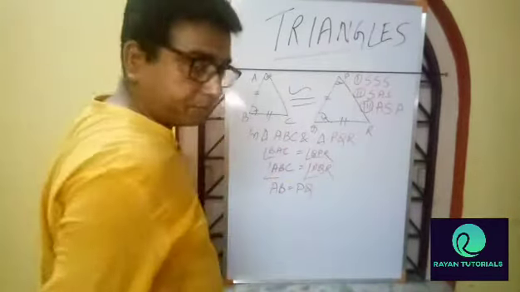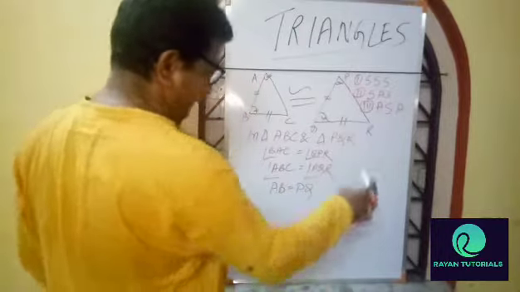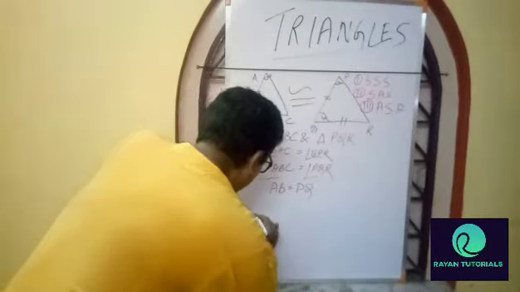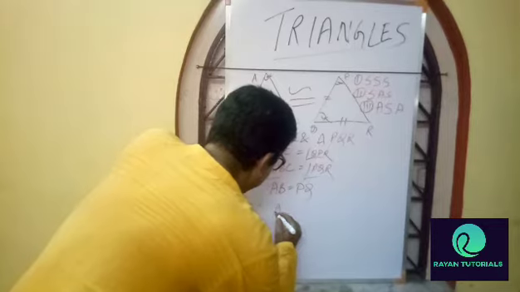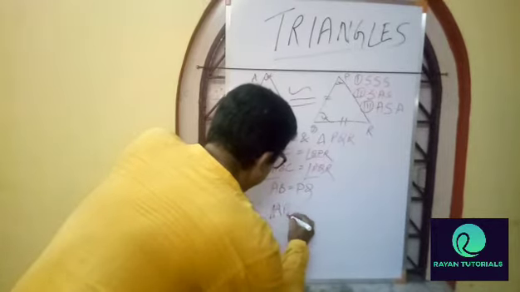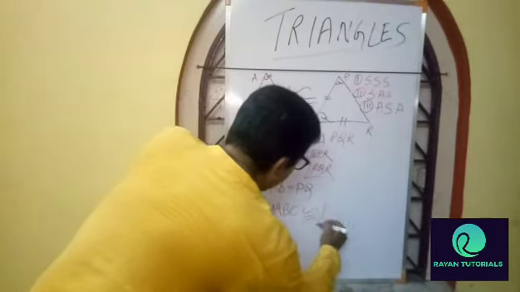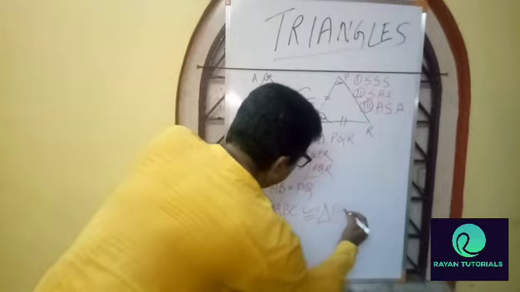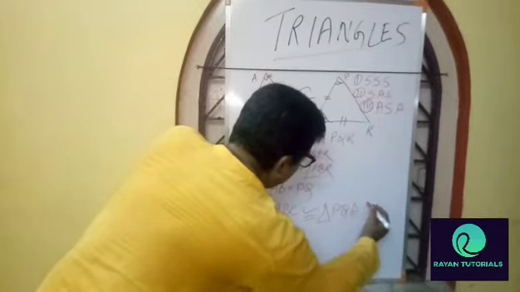So angle, side, angle. Then we can write triangle ABC is congruent to triangle PQR.